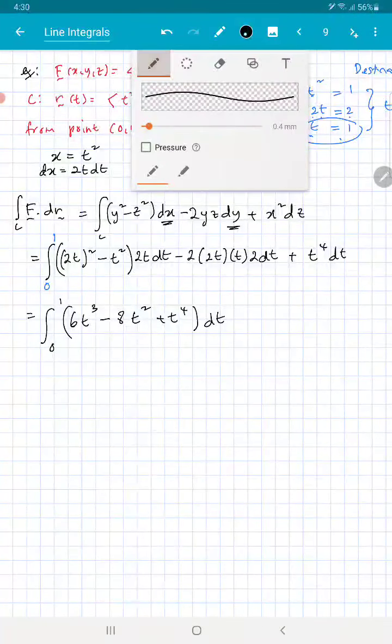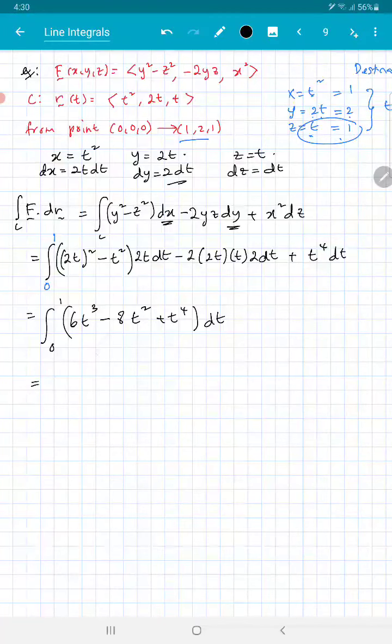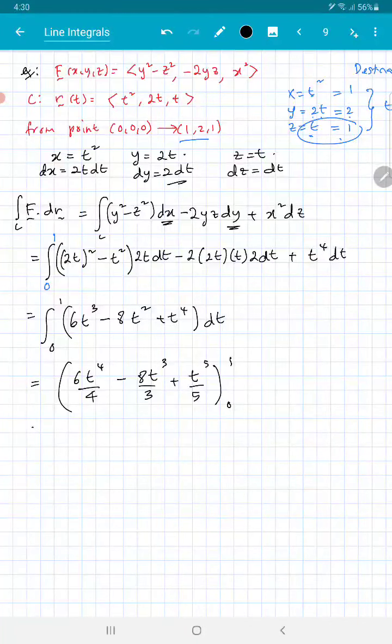Alright, so the first term is equal to 6t to the power 4 over 4, or 3 over 2, and here we have 8t cubed over 3, and here we have t to the power 5 over 5, and then replace t with upper and lower limits. So here we have 3 over 2 minus 8 over 3 plus 1 over 5, minus the lower limit, we have 0.